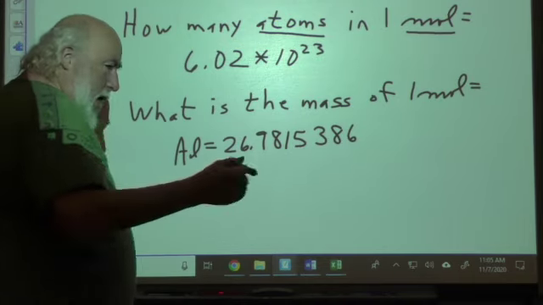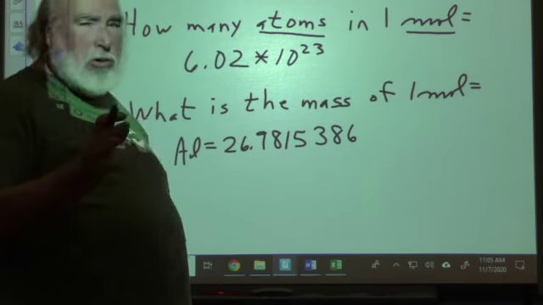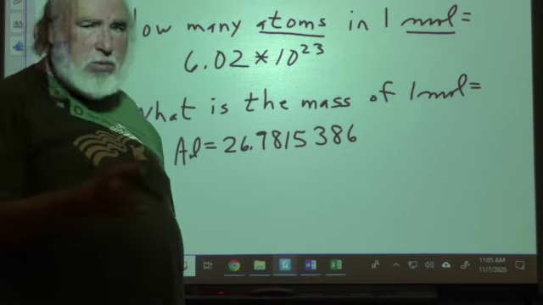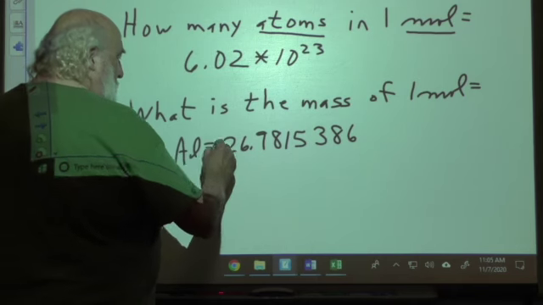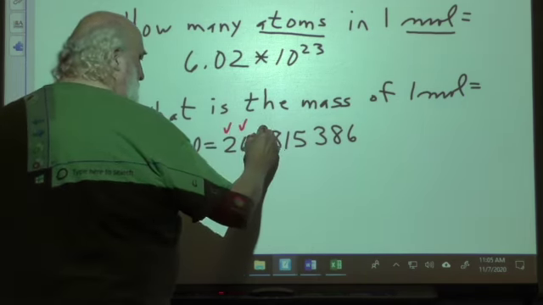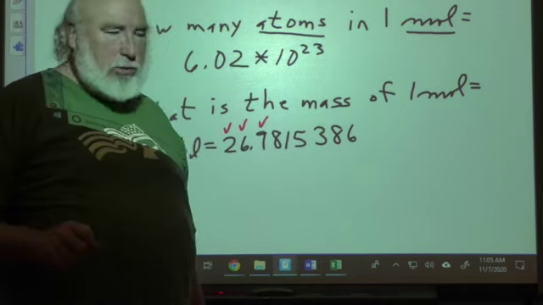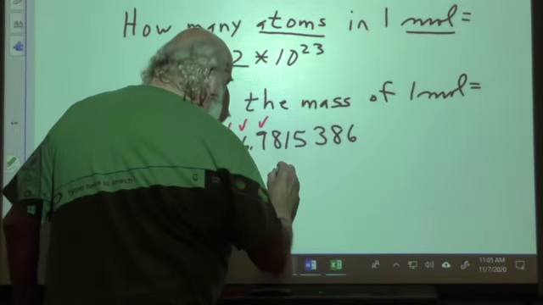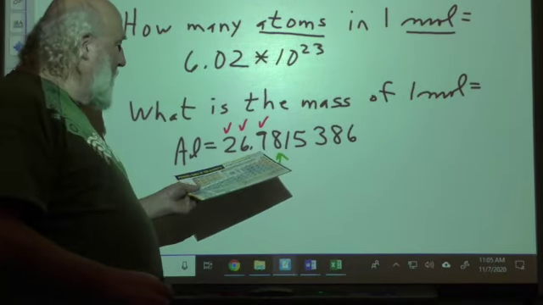And the way you do that, and you've done this before, but let's just make sure we're all on the same page. This poses a rather interesting problem as well, because students will make mistakes on these kinds of problems, so let's try to head that off as much as possible. The first significant figure is the 2, the second one is the 6, the third one is the 9. I want 3 significant figures only on our answers, okay? So we're going to stop there. The problem is that 8 is 5 or greater, so it's going to kick that up to the next number.